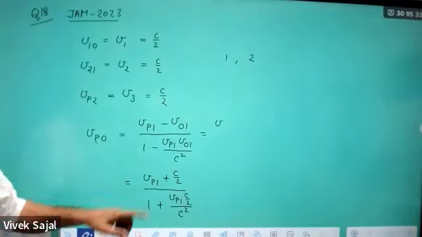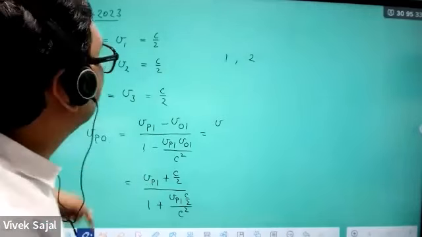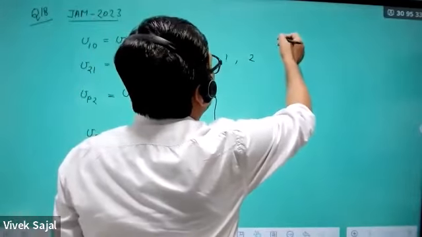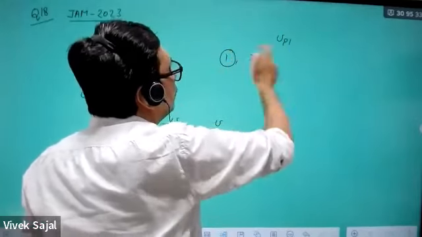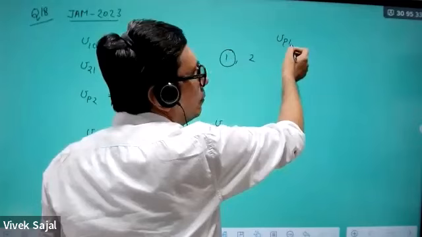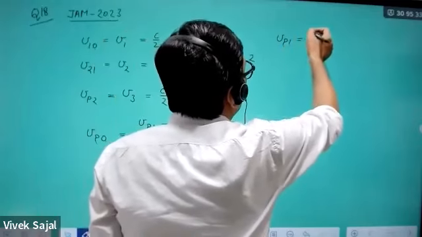I don't have P1, it is missing. So I write VP1; 1 I have already consumed. P is there, 1 is there, so 2 is missing.